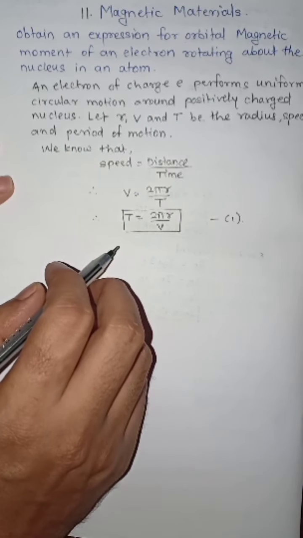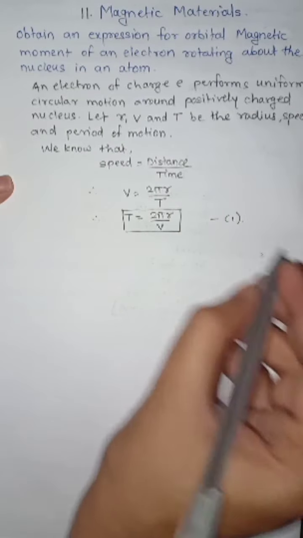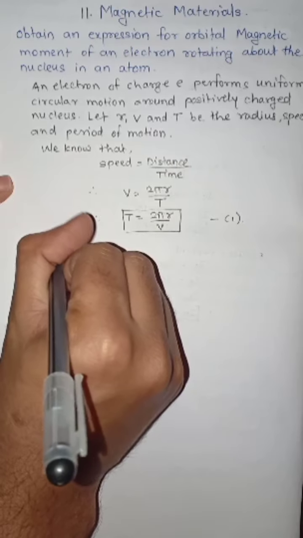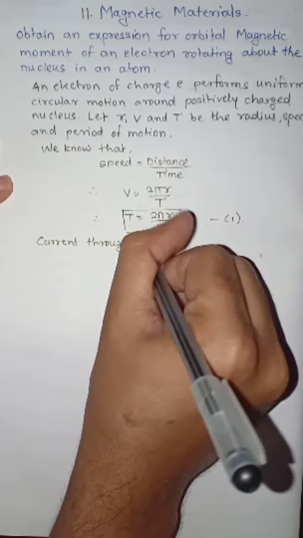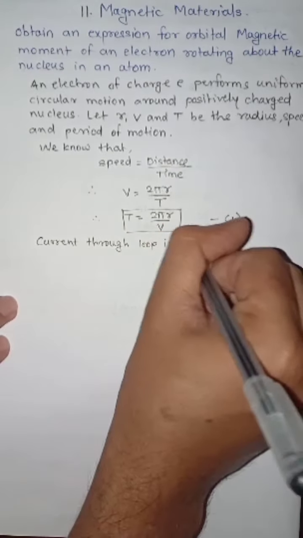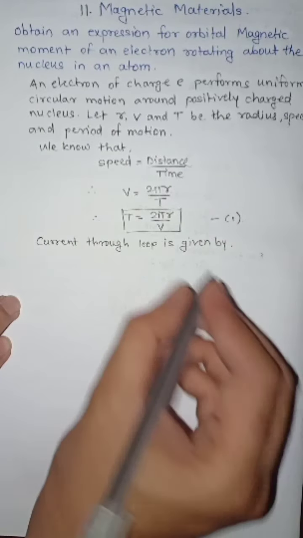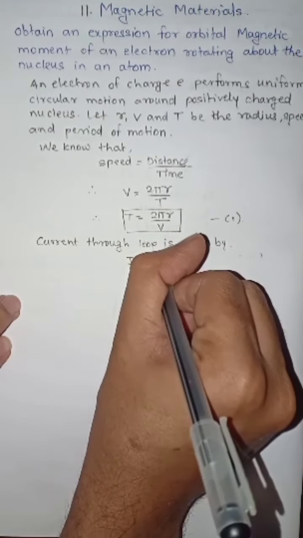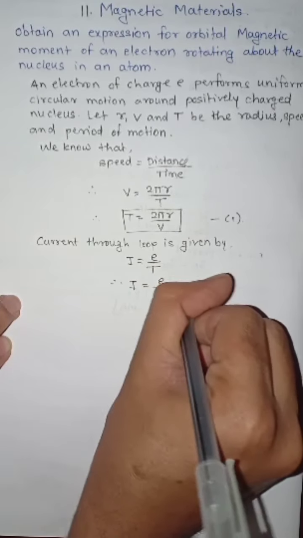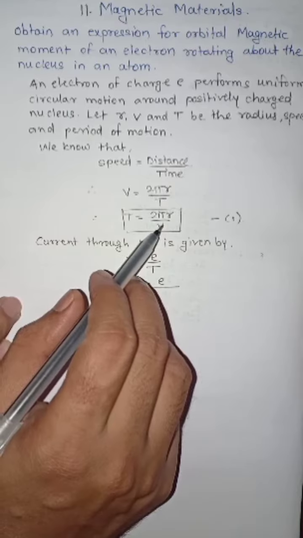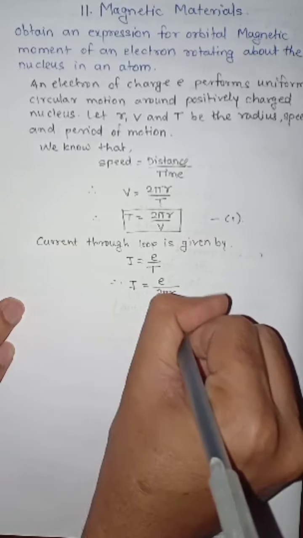Now we will find the current. The current through the loop is given by I is equal to e upon T. Therefore I is equal to e upon, instead of T we write our equation number 1, which is 2 pi r upon v.